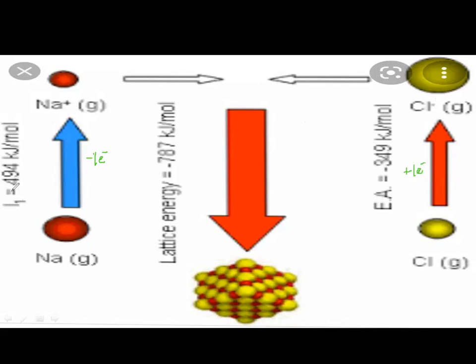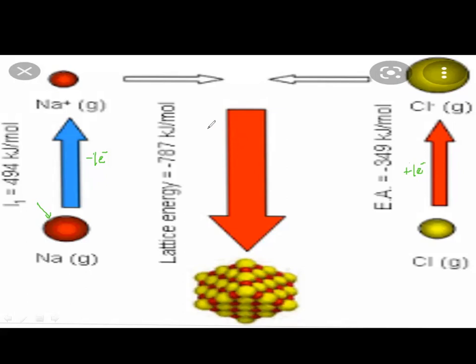You can see here the ionization energy is 494 kilojoules. That means when you apply 494 kilojoules of energy to this atom, an electron is lost, and here it is minus 349 kilojoules. That means when chlorine gains an electron, 349 kilojoules of energy is released.